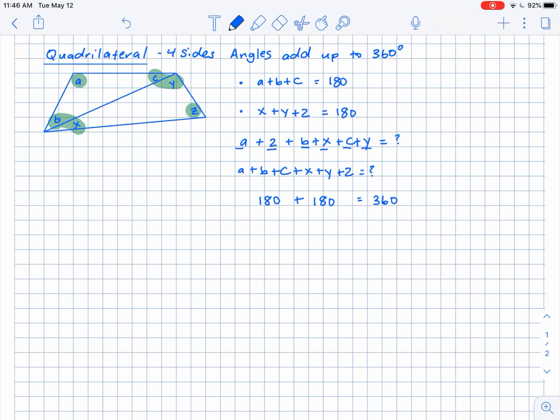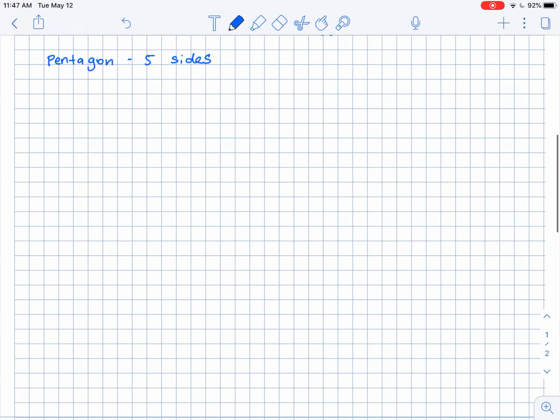Let's see if you could figure these next ones out. Pentagon, five sides. And hexagon, six sides. You could create these however you want. I'll create some for us to look at.